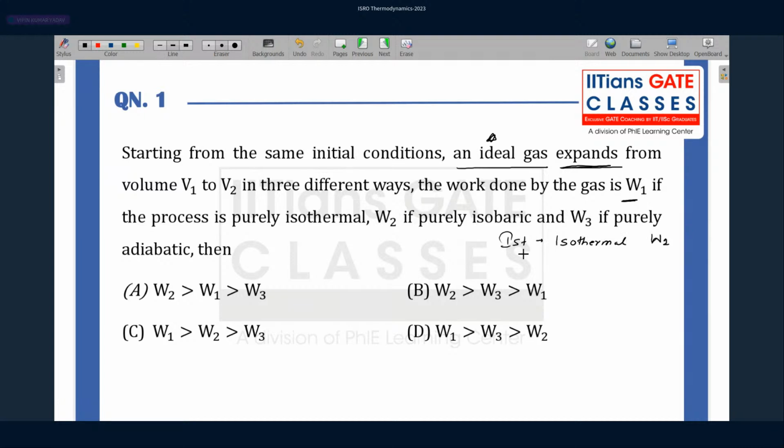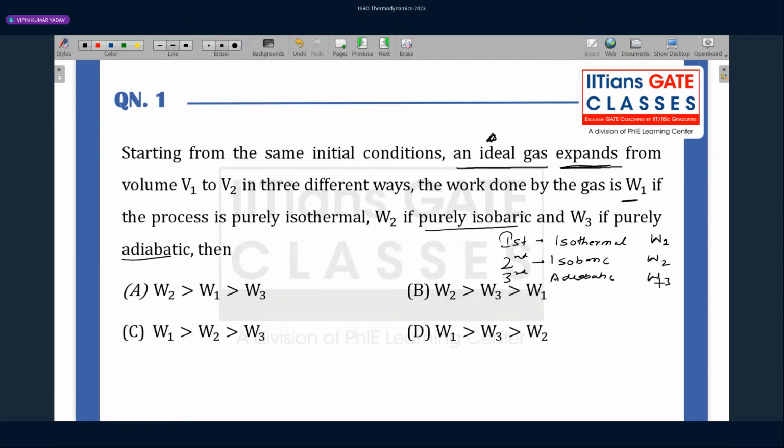Okay. Now the second process is purely isobaric. And what is the work that is produced by this process? W2. Then the third process that is happening is adiabatic, and the work produced is W3.